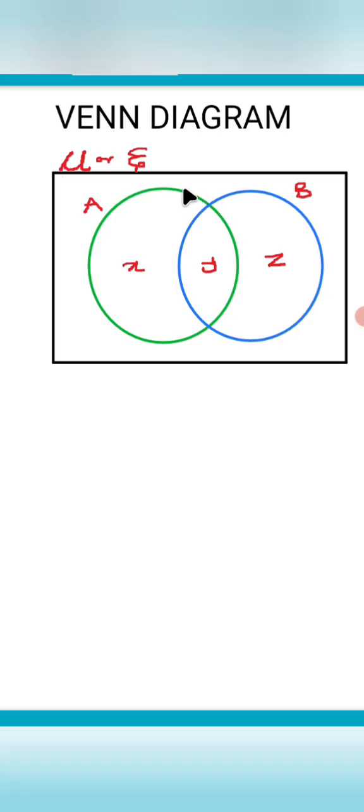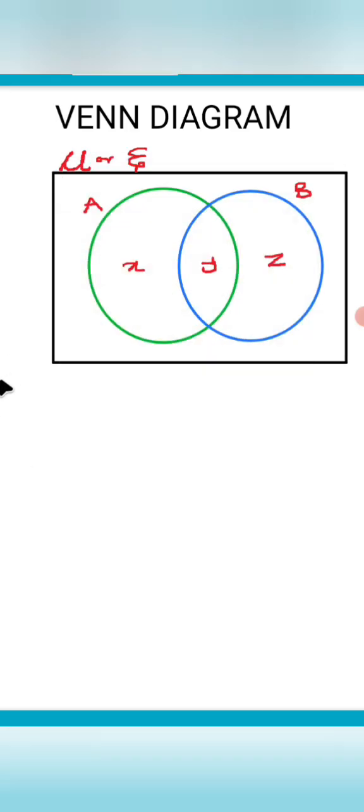It means this first circle, the green circle here, is the first set A, and this blue circle here is the second set B. Now let's explain what we are going to put inside those circles. Inside those spaces where we put X, Y, and Z, what do they represent? Let's explain it in layman language before we use set notation for that.